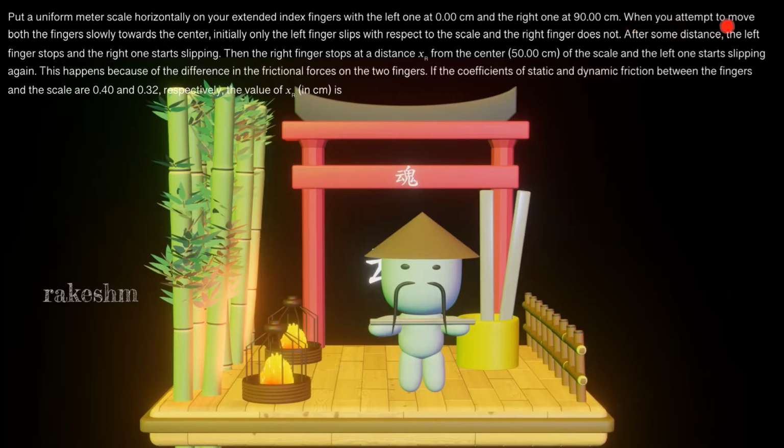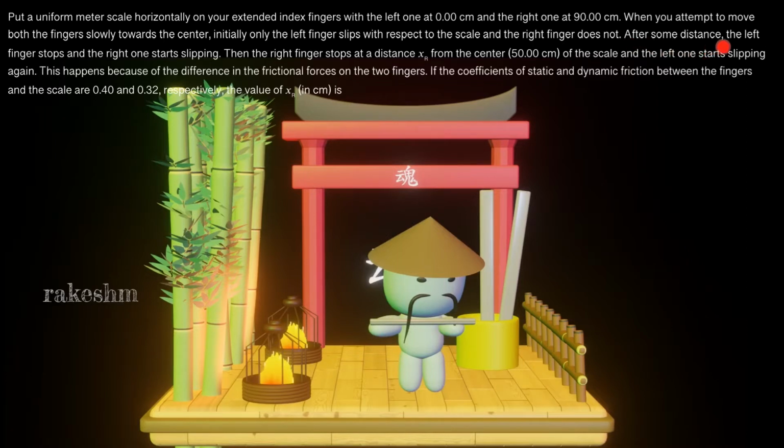When you attempt to move both the fingers slowly towards the center, initially only the left finger slips with respect to the scale and the right finger does not.